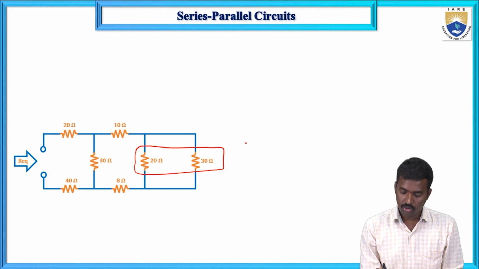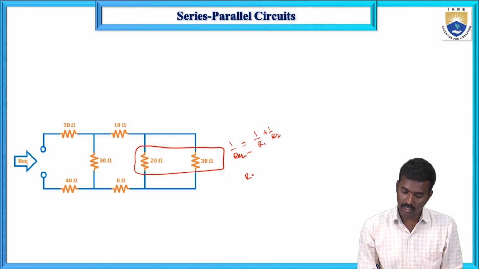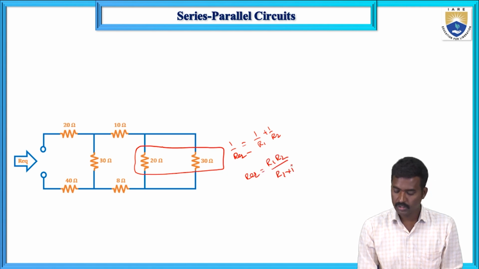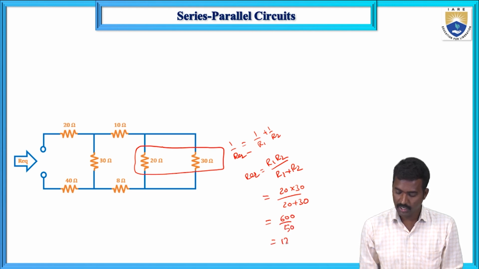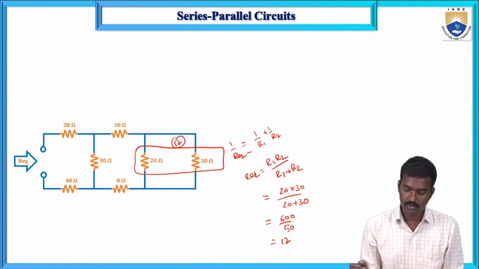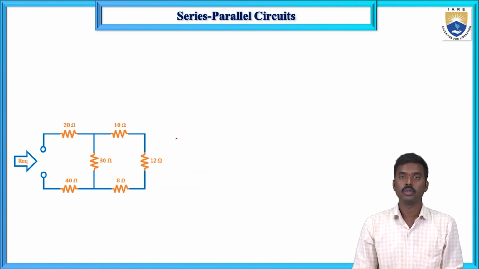In the parallel case, the reciprocal of R equivalent equals the sum of the reciprocals of the individual resistances, so R equivalent equals R1 multiplied by R2 divided by R1 plus R2. That is 20 times 30 divided by 20 plus 30, so 600 divided by 50. That value is 12.